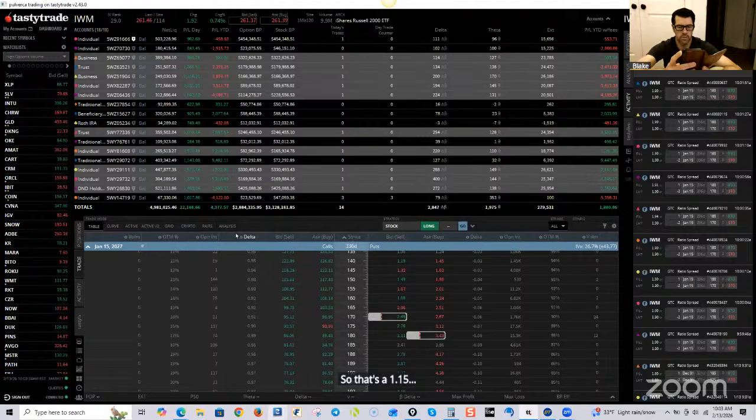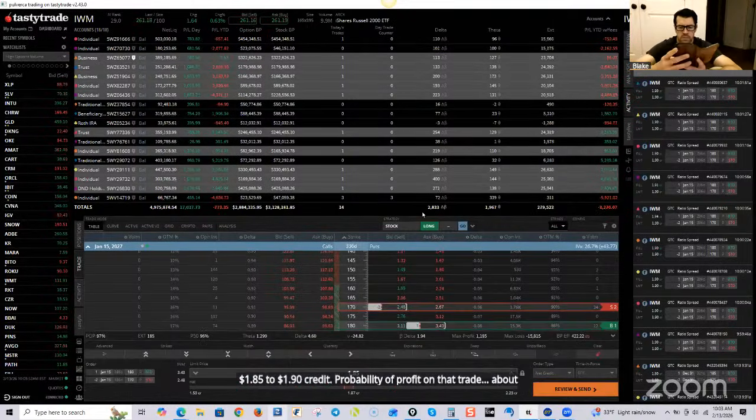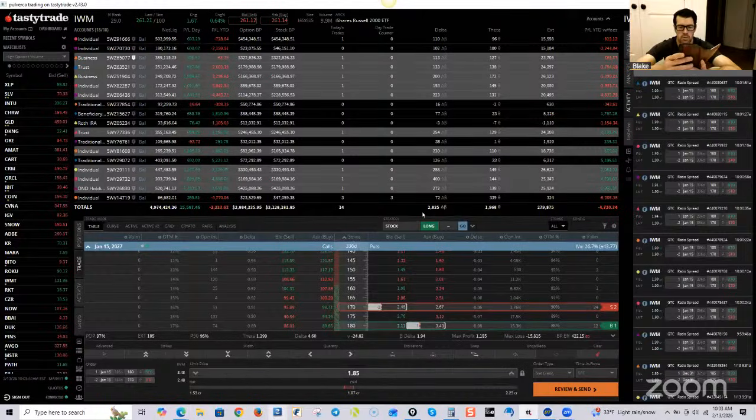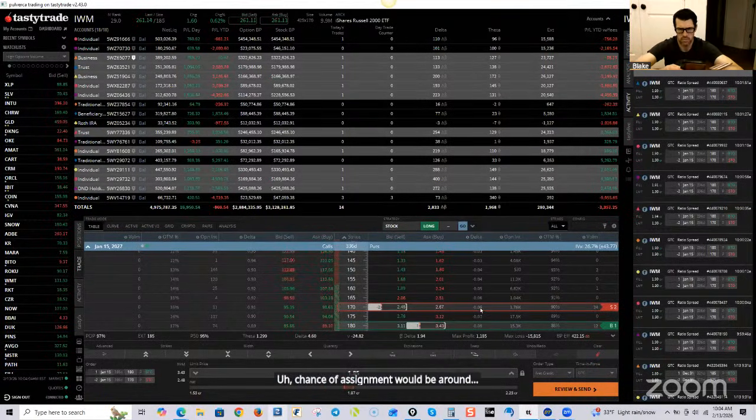Buy 180 put, sell 170 put, $1.85 to $1.90 credit. Probability of profit on that trade, about 97%. Chance of assignment would be around 6%. So it's a likely income trade, but I'm willing to own.